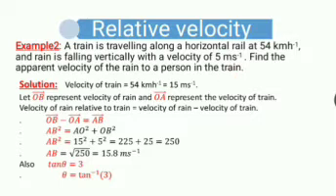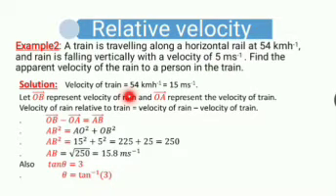Now, the velocity of the train is given to be 54 kilometers per hour, and the velocity of rain is given to be 5 meters per second. So we need to convert kilometers per hour to meters per second, in order to be in the same units.